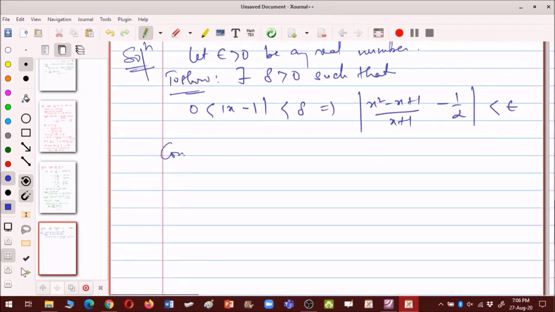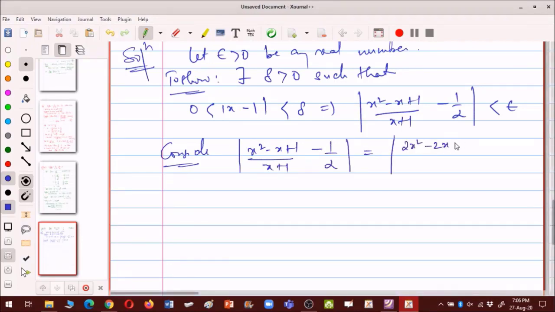So consider (x^2 - x + 1)/(x + 1) - 1/2. So this is equal to (2x^2 - 2x + 2 - x - 1)/(2(x + 1)).